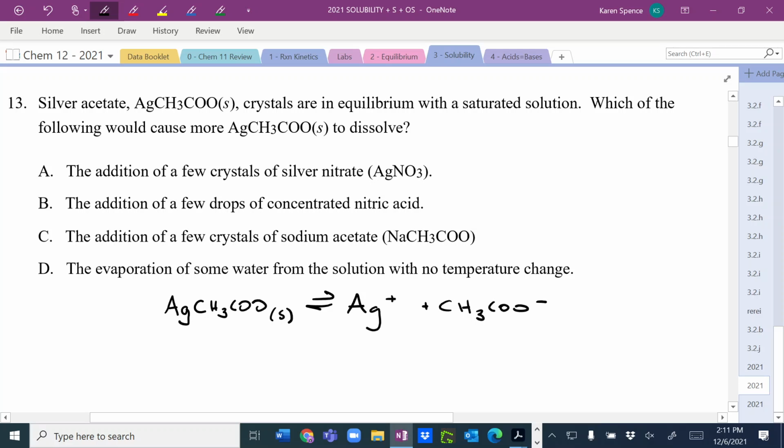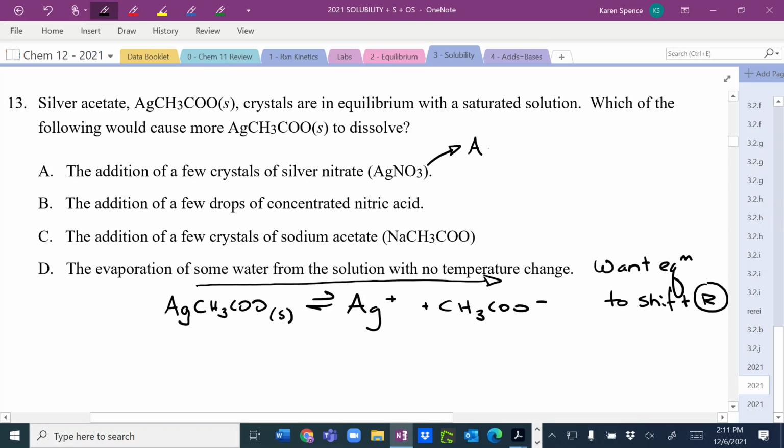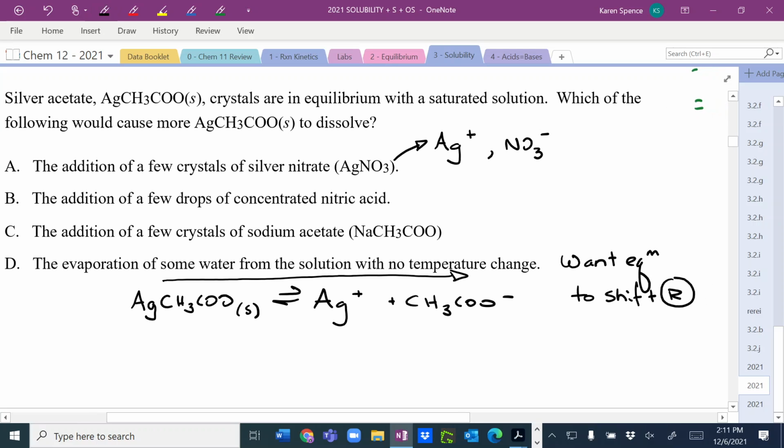We want to know what would cause more AgCH3COO to dissolve, which means we want it to shift to the right. Now, if we add some crystals of AgNO3, of course, that's going to separate into Ag plus and NO3 minus, right, because it'll dissolve.